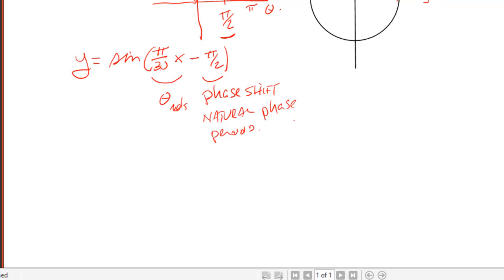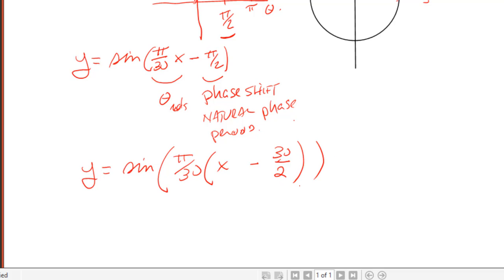If I were to factor pi over 30, what happens? So I'm going to factor this. Factor pi over 30. I'm factoring the pi. I'll leave that out. But took out a 30, then I have a 30, so I'm going to put a 30 up here. The 2, I haven't factored that out.